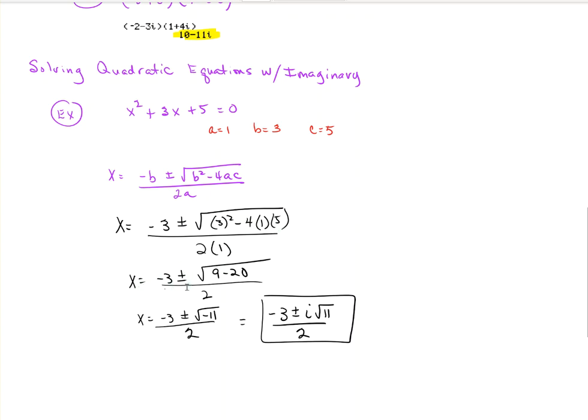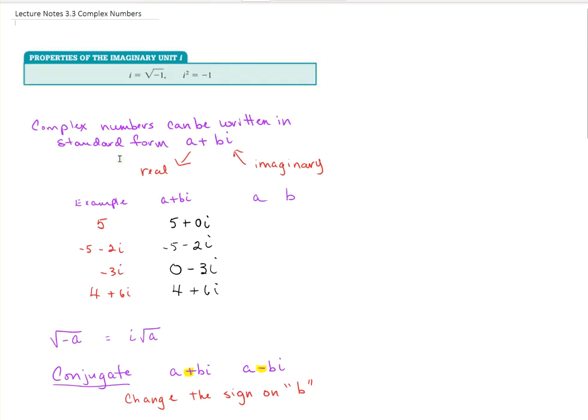So -3 plus or minus the square root of 9 minus 20, over 2. Well, 9 minus 20 is -11, so we've got this. And there's no way to clean that up except pull the i out and leave a positive under the radical. So that would be your final answer. So I think that's good for the lecture notes. Let's go look at our problem set.